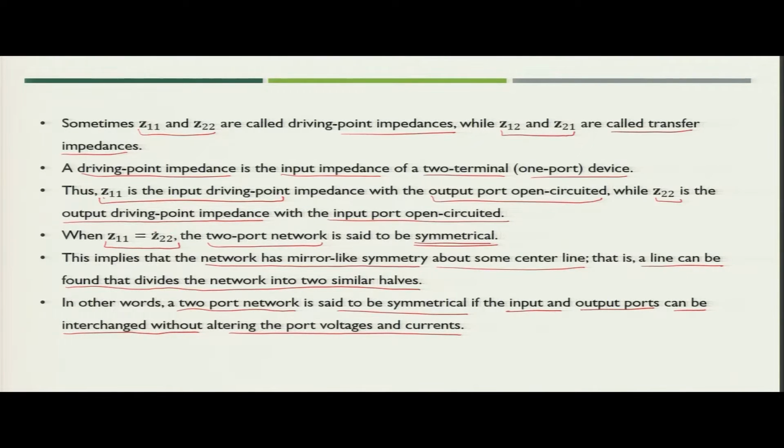Since Z11 and Z22 are equal, you will say that the network is symmetrical, and because the input driving point impedance for both sides is the same, the source, or the voltage or current, on both sides can be interchanged without any change in the circuit parameters.